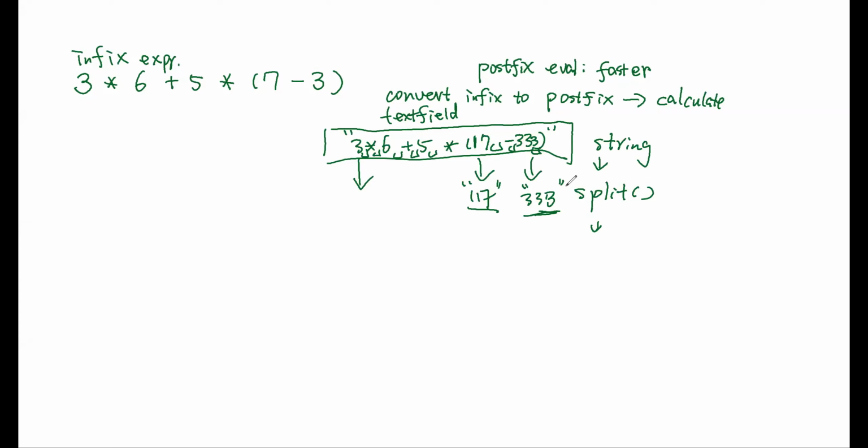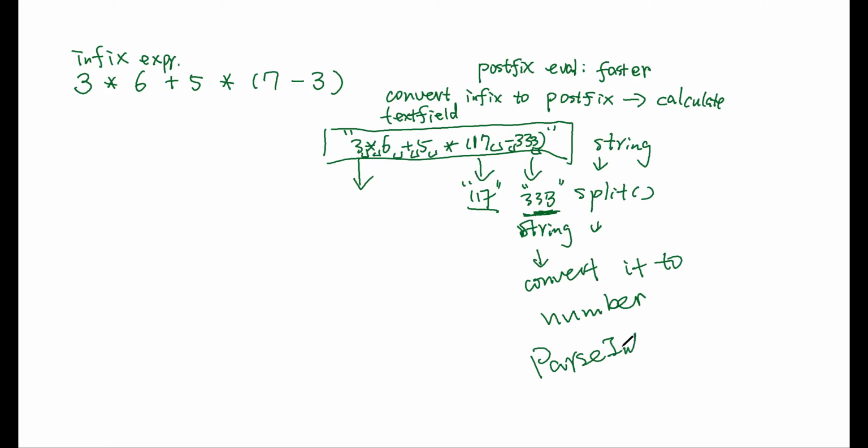Then you have this string number, and then we can convert it to a number. I remember we have parseInt, those kinds of functions. You can have a function to convert a string to an integer, and you can also convert an integer back to a string. So that's the idea.